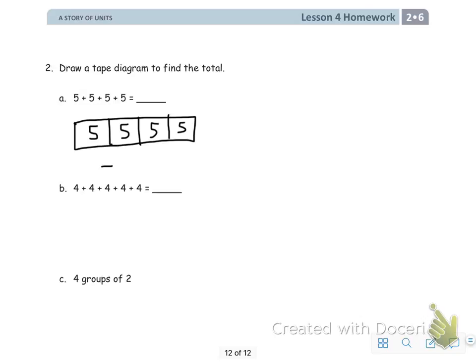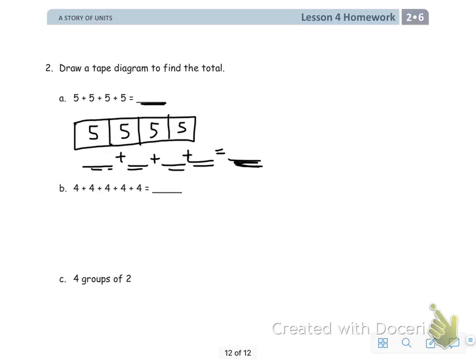Then I'd write my repeated addition equation as well, and then figure out the total there, which is going to be the same thing as right here. And we find that by simply adding up all of this.